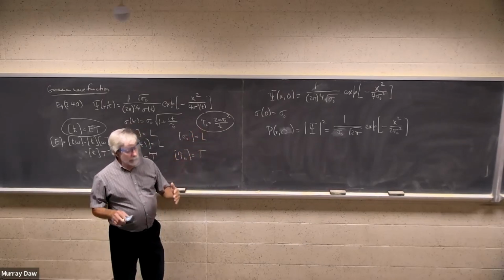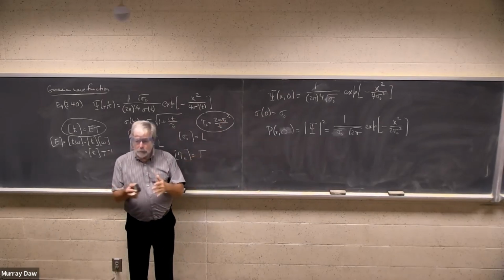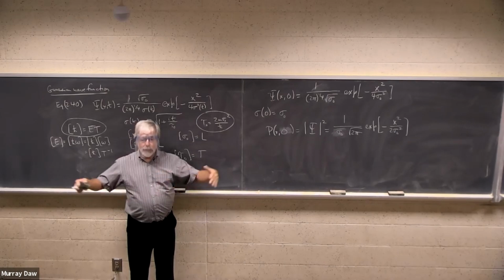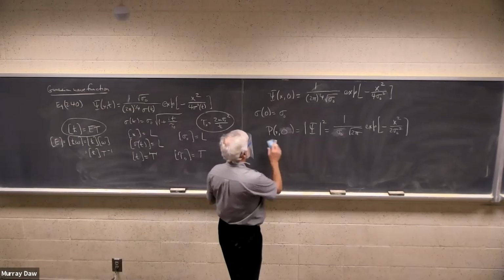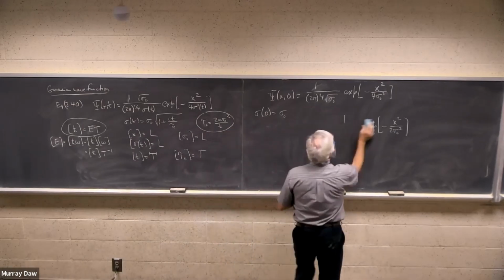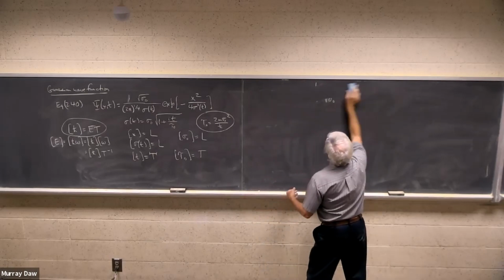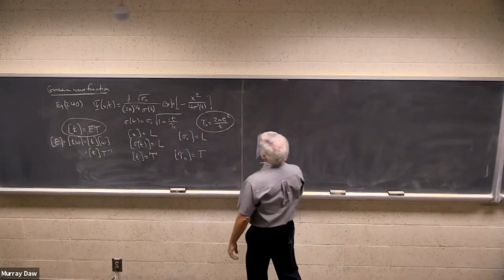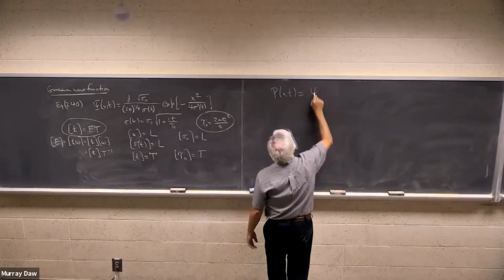So we're going to think of this as confining the particle in some region with the probability distribution, and then see how long it takes to evolve. Your homework problem is to take this wave function and calculate the probability distribution for any time.